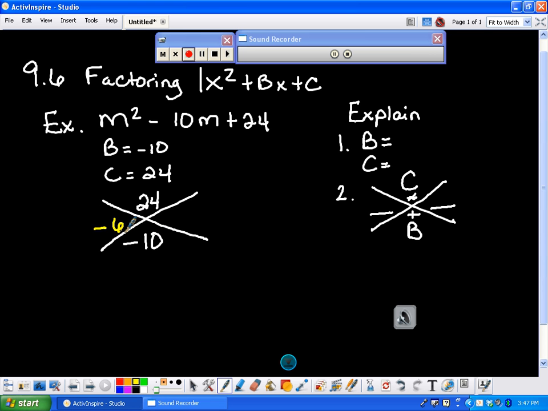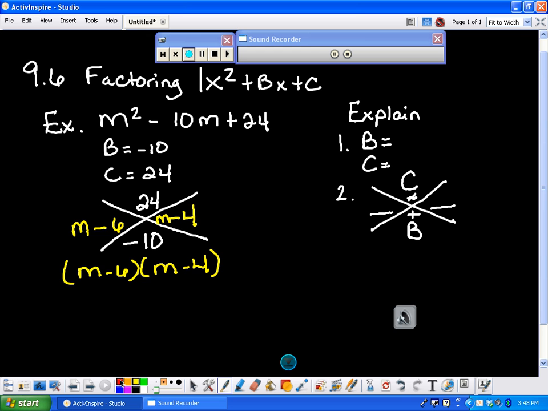So negative 6, negative 4 would make both of these true. They multiply together to give me this, they add together to give me that. Now the easiest part is you just put an m in front of it, and there are your two factors: m minus 6 and m minus 4.